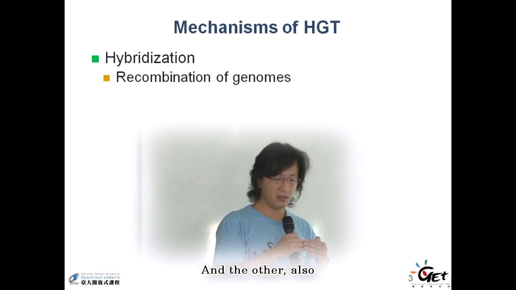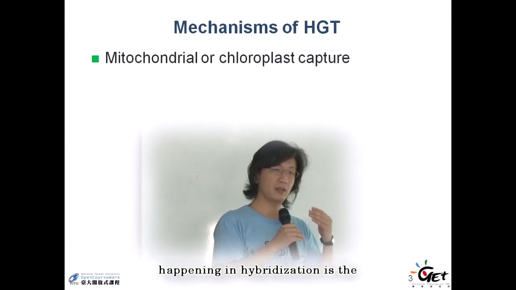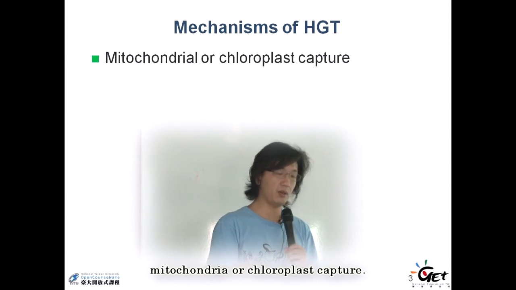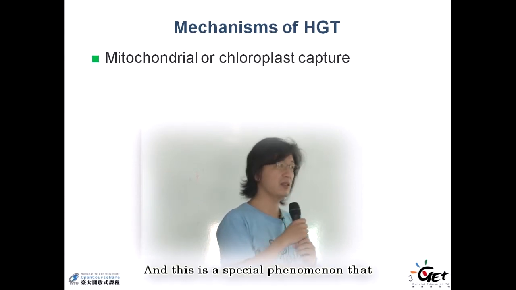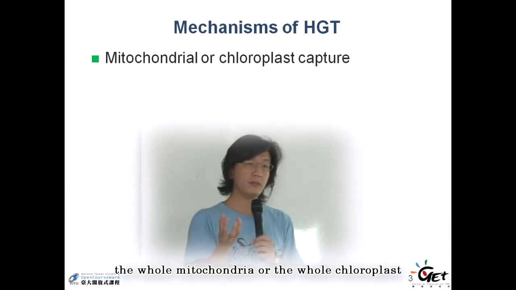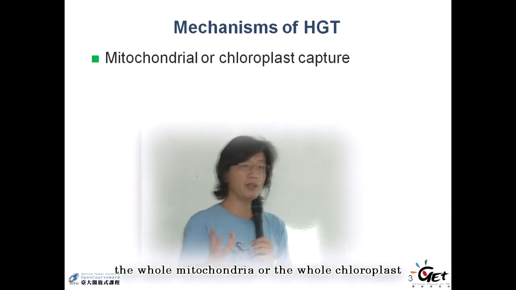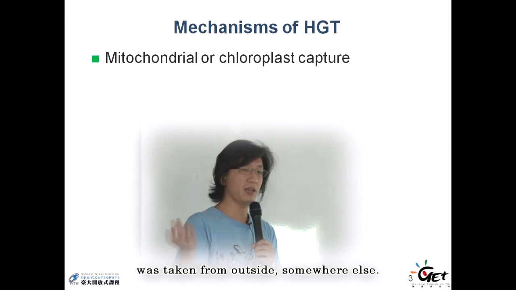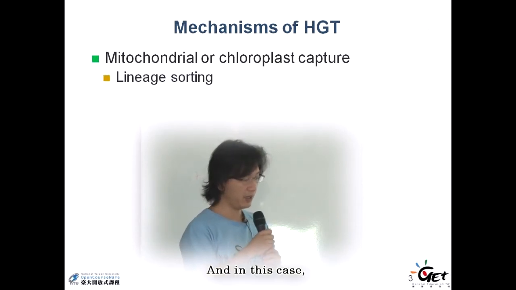The other mechanism that also happens with hybridization is mitochondria or chloroplast capture. This is a special phenomenon where the whole mitochondrion or the whole chloroplast is taken up from somewhere else.